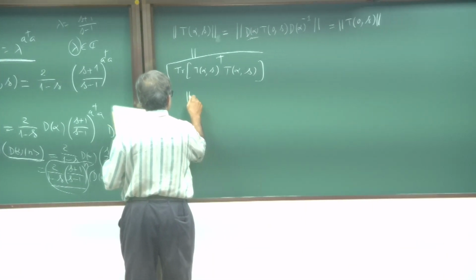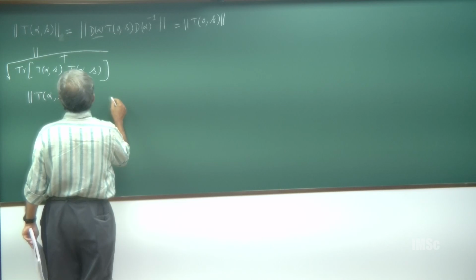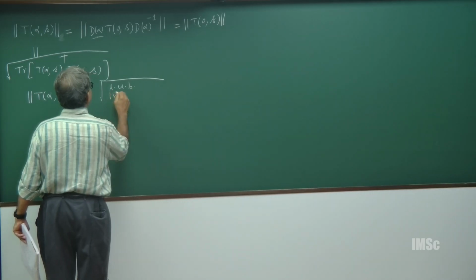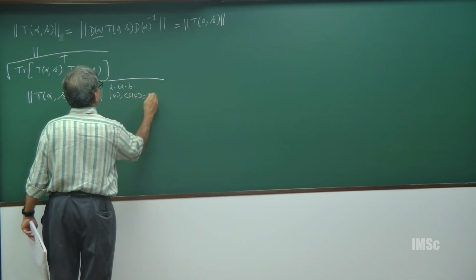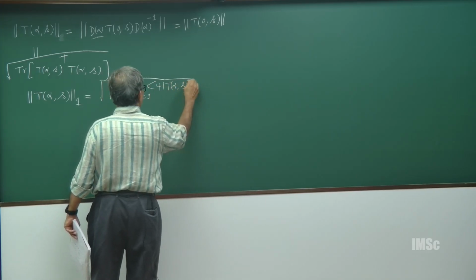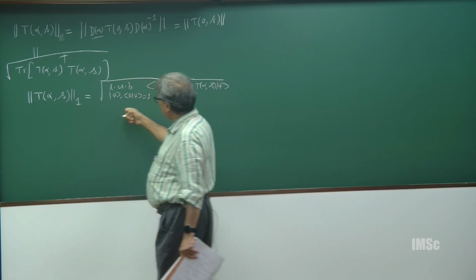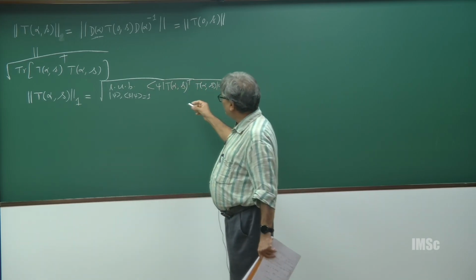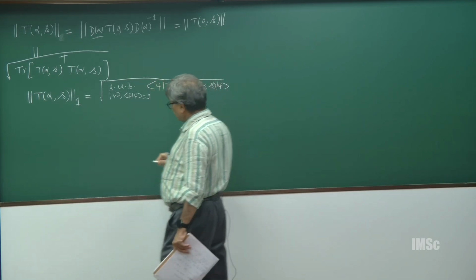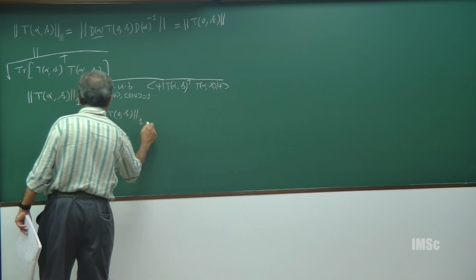Similarly, you can show that the 1-norm of T of alpha S, which is the square root of the least upper bound over all normalized psi of the expectation value of psi, T of alpha S dagger T of alpha S, psi, does not depend upon what D alpha you have chosen. So this is the same as the 1-norm of T of 0S.